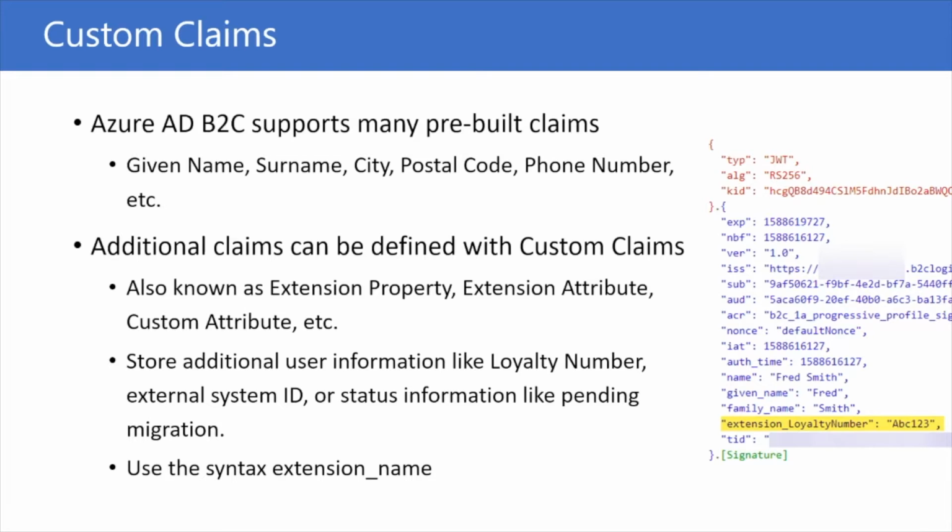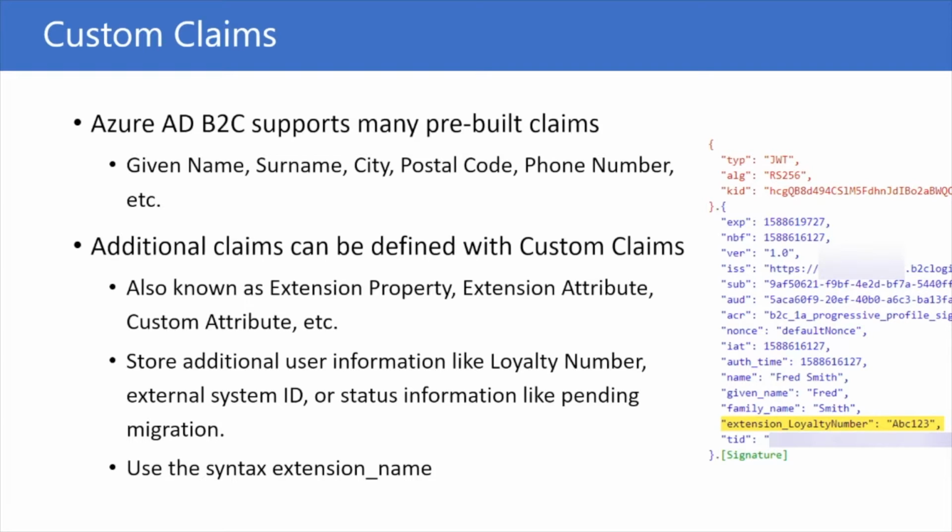When you work with a custom claim, you will refer to it from your Azure AD B2C custom policy by the value name, prefixed with the phrase extension underscore. So extension underscore loyalty number or something along those lines. This allows the Identity Experience Framework, which is the underlying framework and runtime that supports Azure AD B2C custom policies, to locate the registered value and the corresponding claim that is stored with the user's account record.